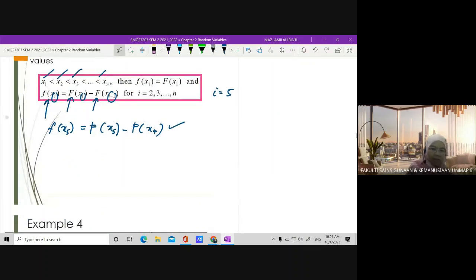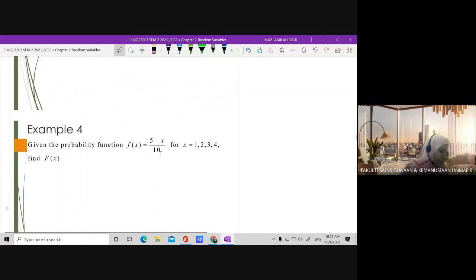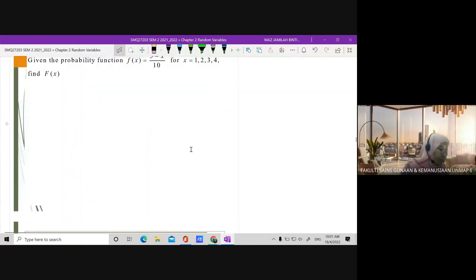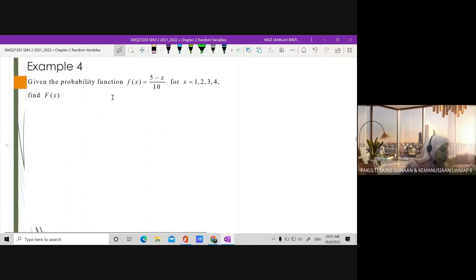Okay, so how can we apply this? Let's say, look at this particular example 4. Given the probability function (5 minus x) divided by 10, for x equal to 1 until 4, find F(x). Okay, so how do we answer this? Almost the same as what we have done previously.